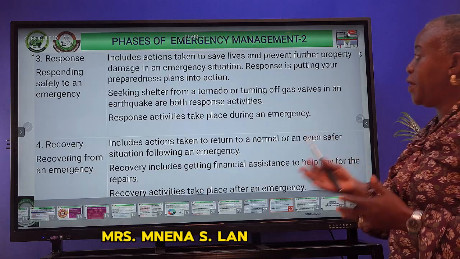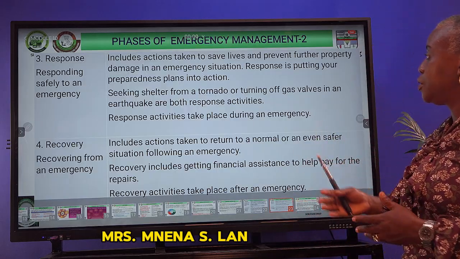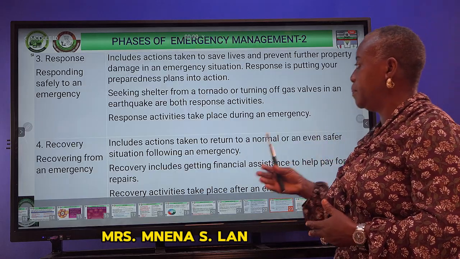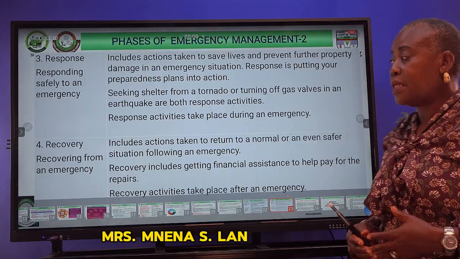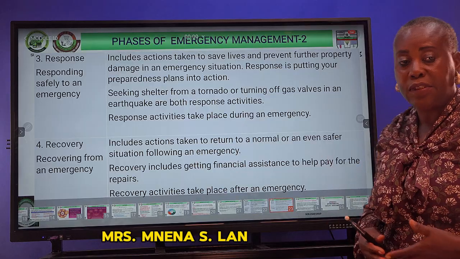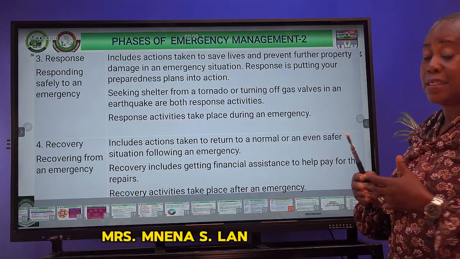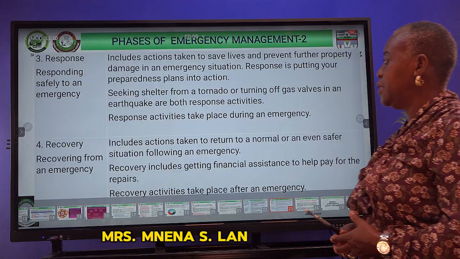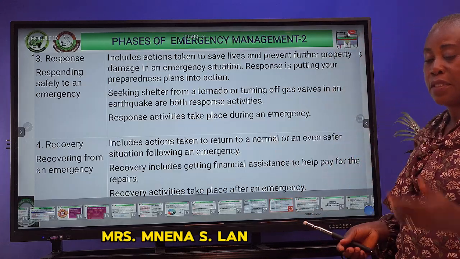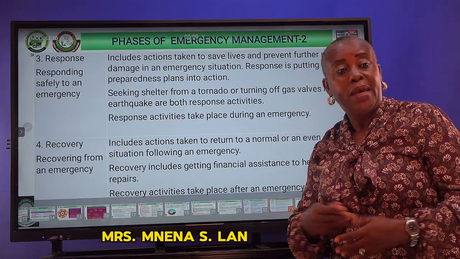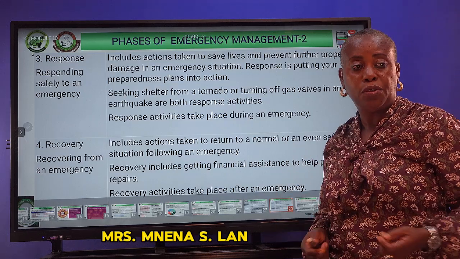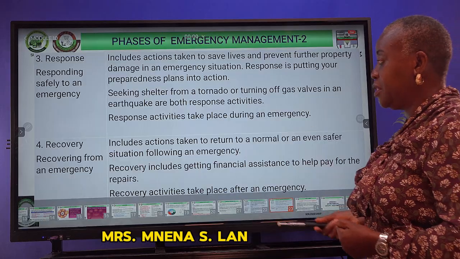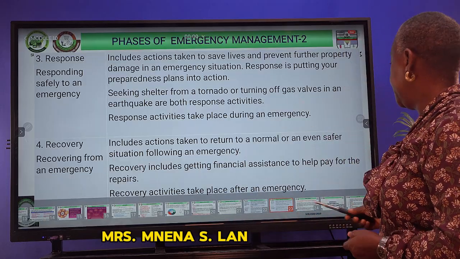While response is the various actions you take, like rescue, transportation to healthcare facilities, calling ambulance services, and all other activities that will ensure there's a timely response during an emergency. And of course, recovering from emergencies, which could be environmental or medical or community-wide. There must be a situation where you recover from that emergency and move on with life.